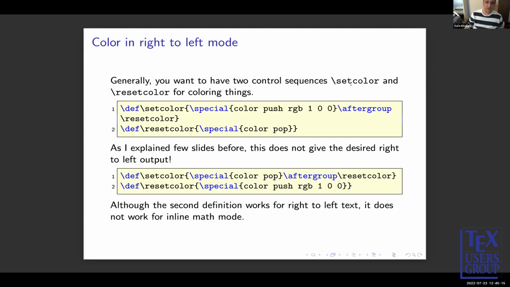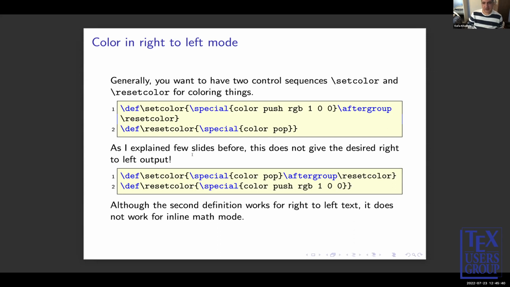One is set color, and the other one is reset color. How you define them is that you do your set color, you do color push, and then after group, you execute reset color. And your reset color is just color pop.